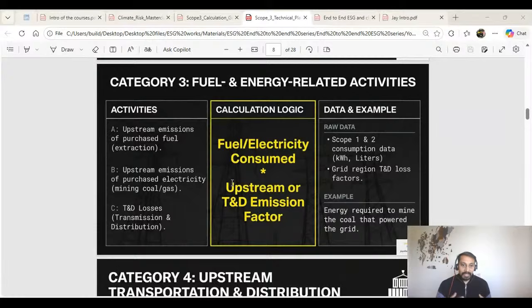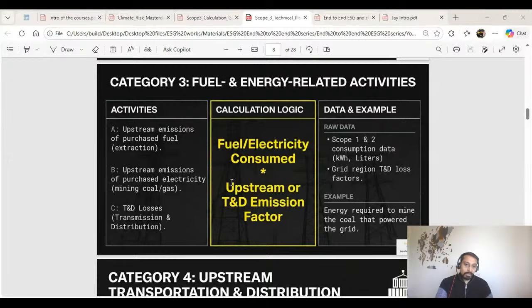So think of it as a hidden carbon behind your energy use or any fossil fuel use. The formula is very simple: fuel or electricity consumed multiplied by the upstream emission factor. It is not the fuel or energy you directly use, but the upstream extraction of fuels or electricity from the first point to your gate.